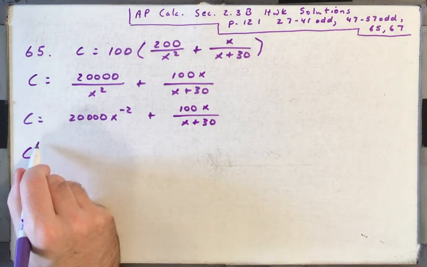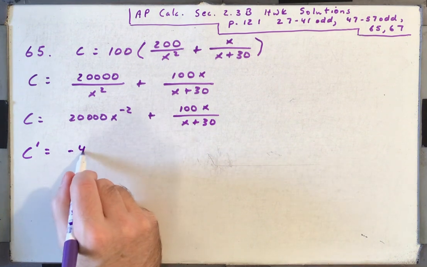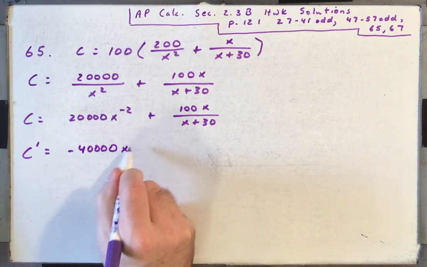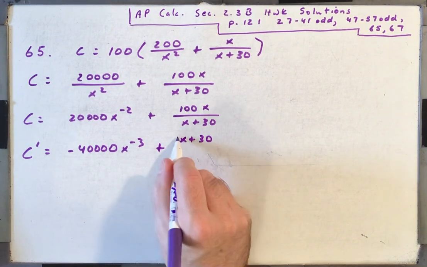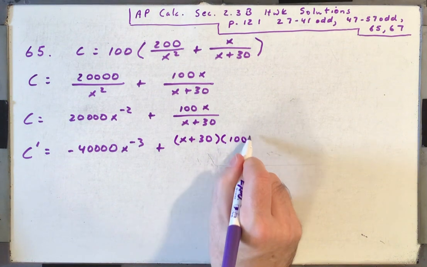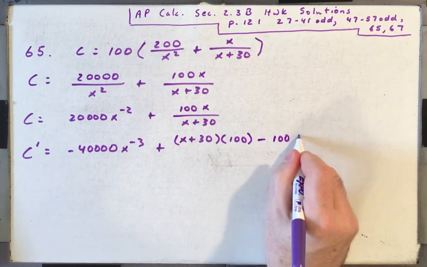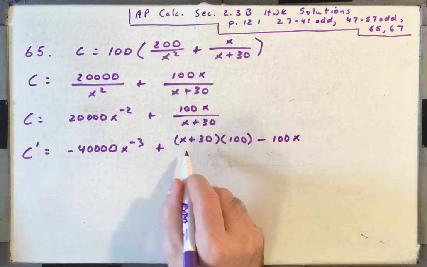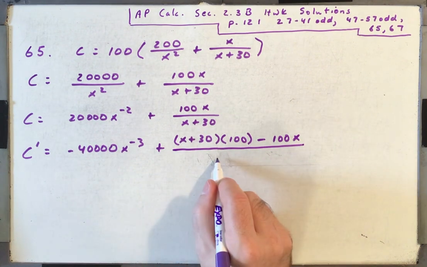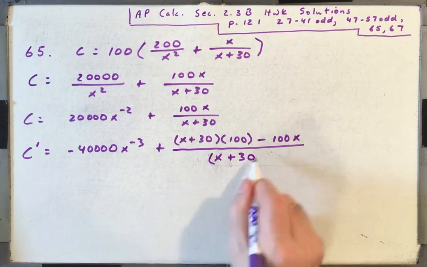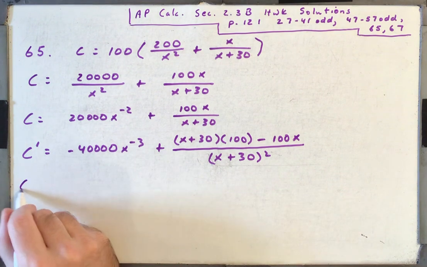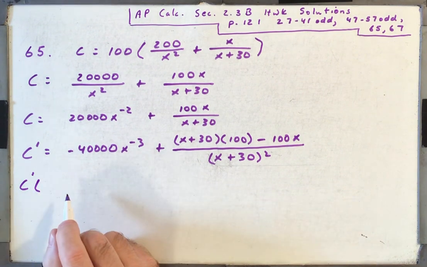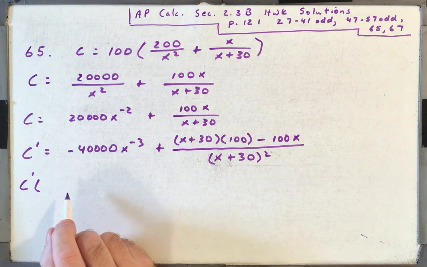Now I'm going to take the derivative. That'd be minus 40,000 x to the minus 3 plus the bottom x plus 30 times the derivative of the top 100 minus the top 100x times the derivative of the bottom, which would just be 1, all over x plus 30 all squared. Okay, so C prime of, we've got to do it for 10, 15, and 20.